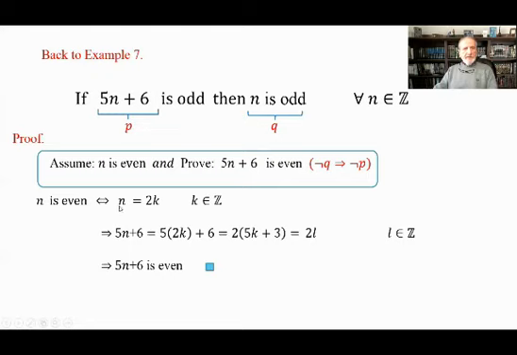So n is even, n is equal to 2k. 5n plus 6, you replace here, 5 times 2k plus 6, which is 2 times 5k plus 3, which is 2l, which is even. So we proved not q implies not p.